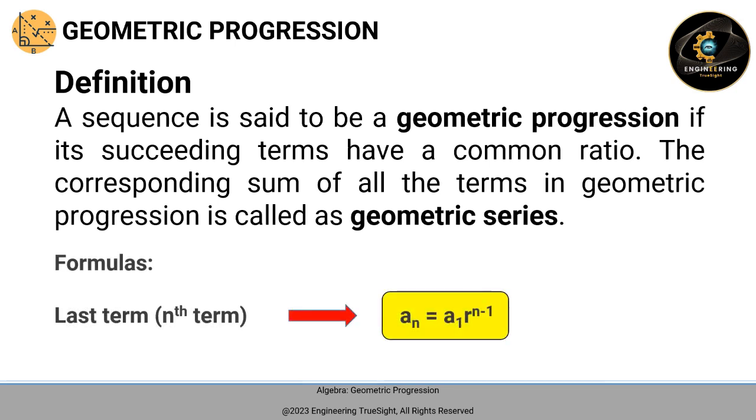For geometric progression, there are two formulas. First is the last term or nth term formula, by which a sub n is equal to a sub 1 times r to the power of n minus 1.